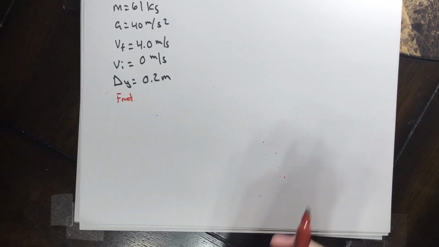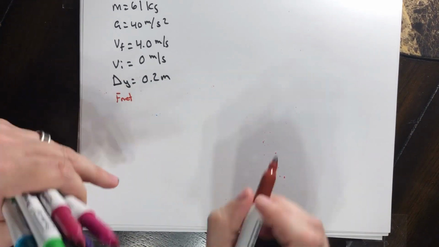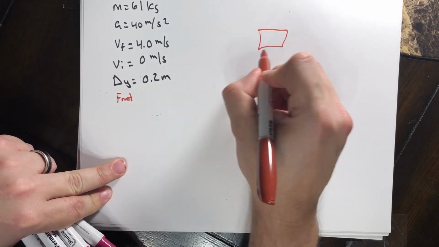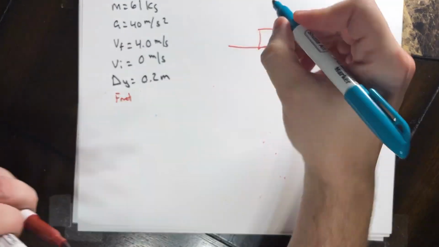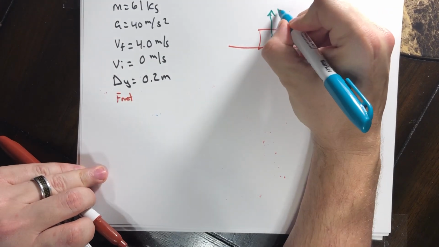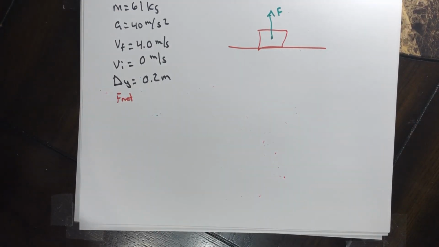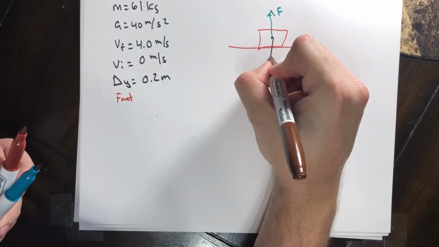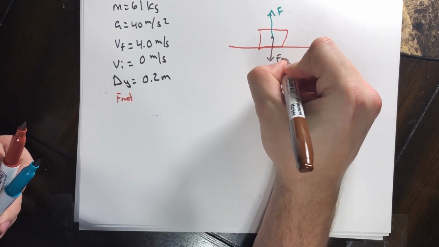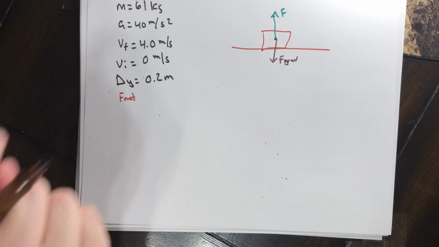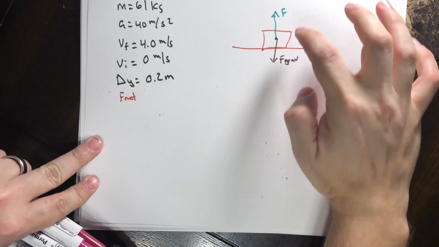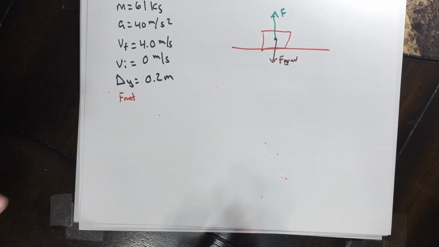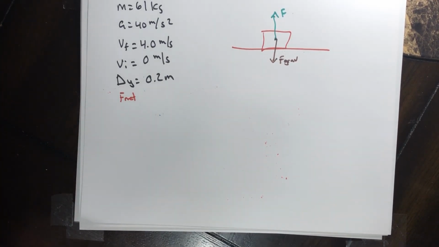Now, when we deal with that, we're going to have to deal with a couple things. So if we draw him again, there's that. Again, there's our ground. We can't forget about gravity. So the force of him pushing up, which we called F, has to go against the force of gravity pushing down. So in this case, we're actually trying to solve for what his force is. Okay? So we know that net force is the sum of these two. Remember, force of gravity is going to be negative because it's pointing down.